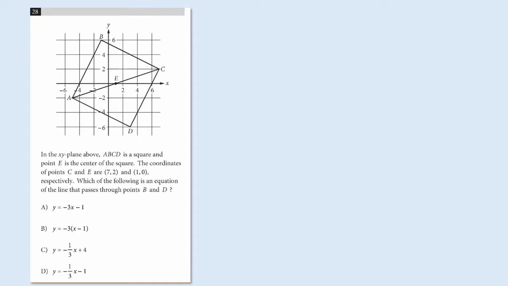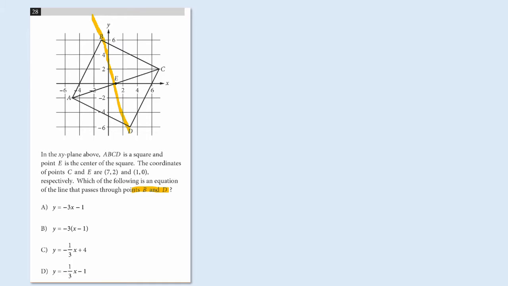There's a lot of information here, and this is a pretty complex question. So I'm going to show you a hack, and you may very well be amazed by how easy it makes this question. They want to know the equation of the line that goes through B and D. So let's draw that line.